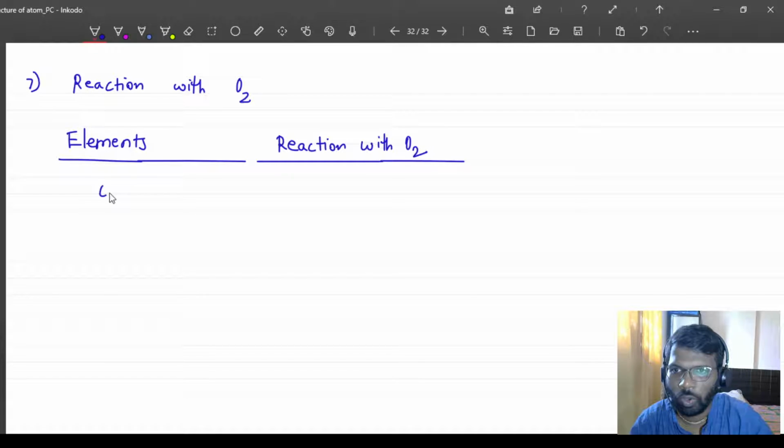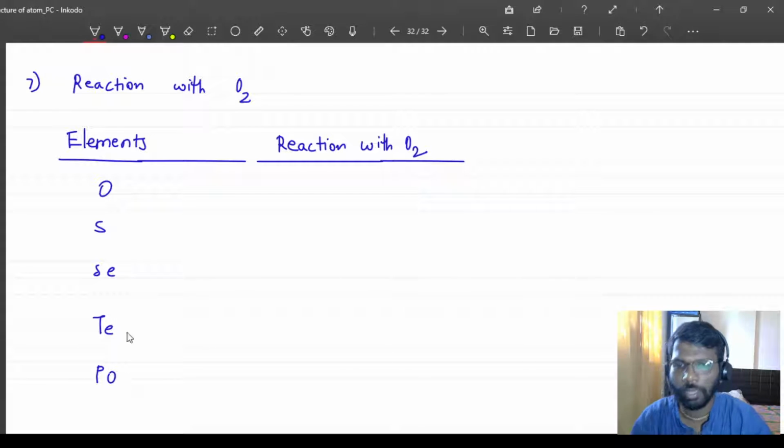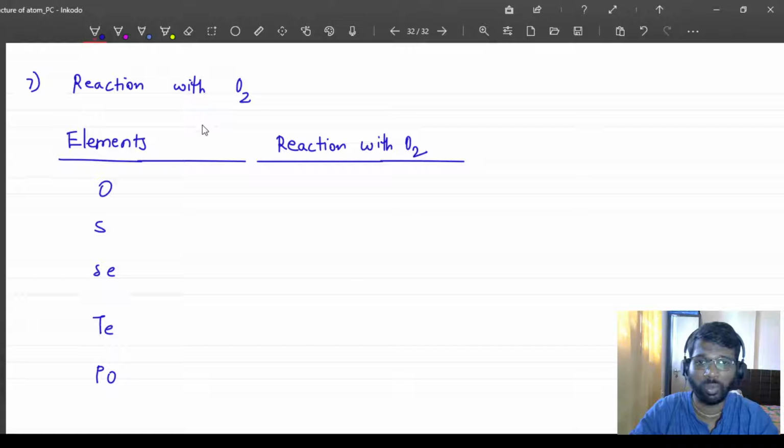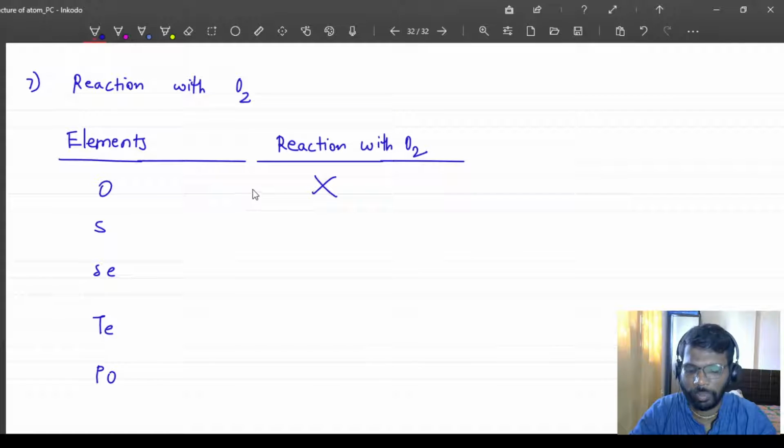That is oxygen, sulfur, selenium, tellurium and polonium. Let us understand what type of oxide it is going to form. See, oxygen reacting with oxygen has no meaning, so I will not write anything over here.